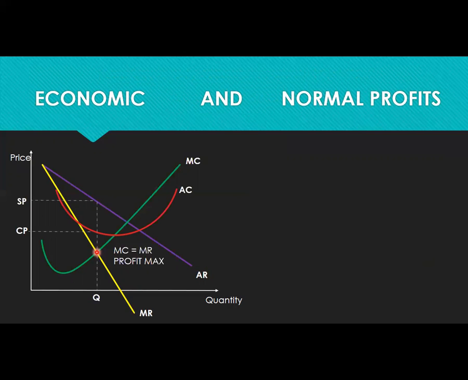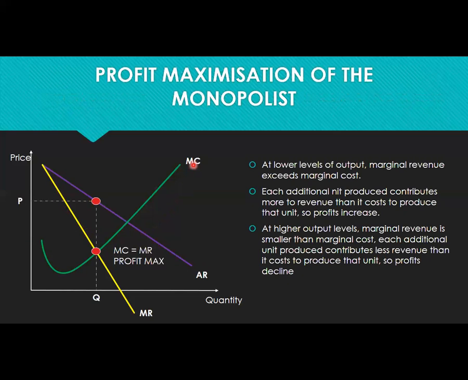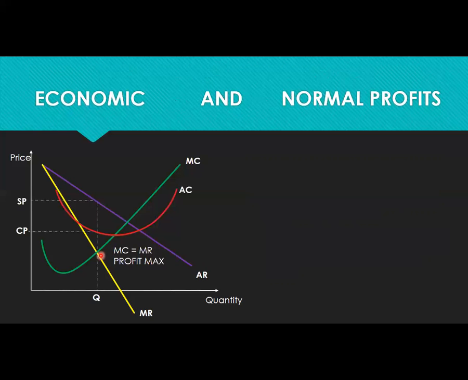What is the difference between an economic profit and a normal profit? We look at this curve over here. You have your marginal revenue curve lying below your average revenue curve. You have your marginal cost curve. You look at the point where MC intersects with MR. This is my profit maximization point. Sorry, I went back instead of ahead. My profit maximization point. I do not sell here.